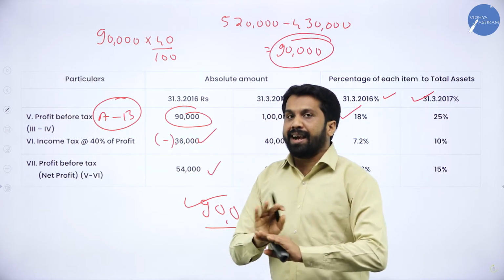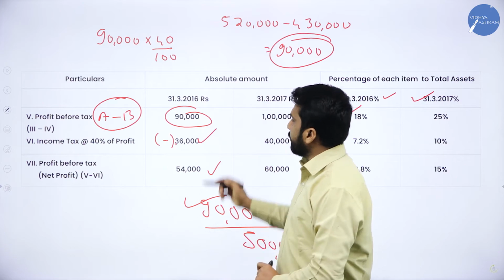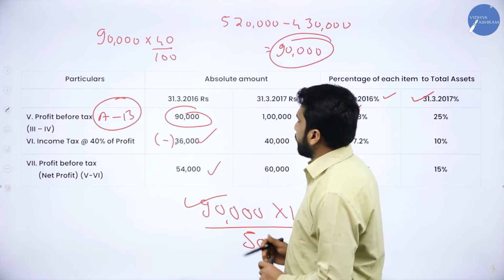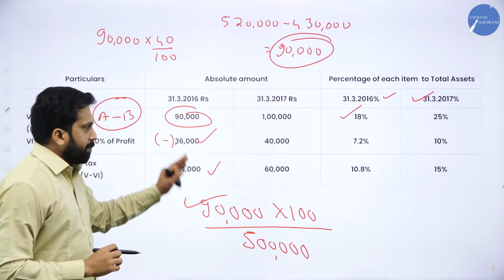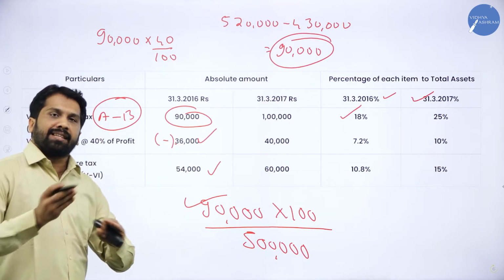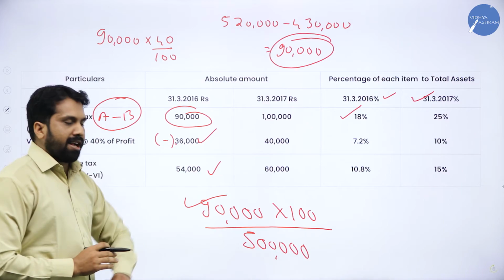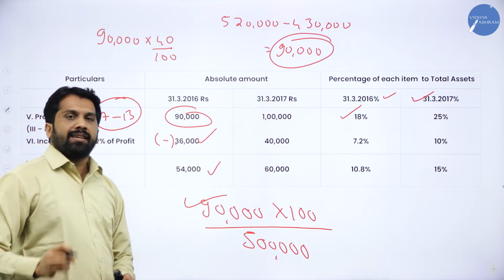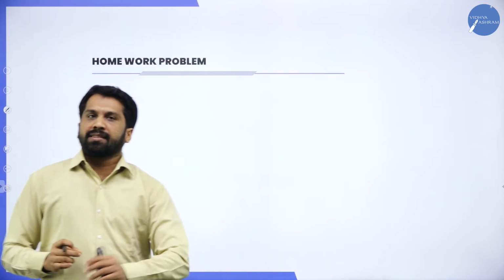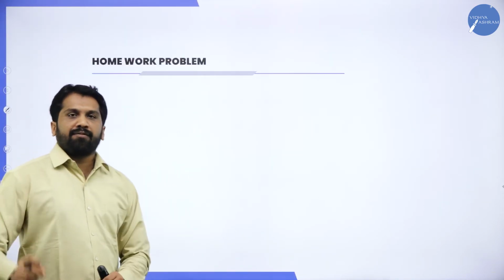It is not added, it is always subtracted. 90,000 minus 36,000, your answer is 54,000. Simple. Whatever we did in the last session, same kind of problem; similar kinds of problems you will get in your examination.